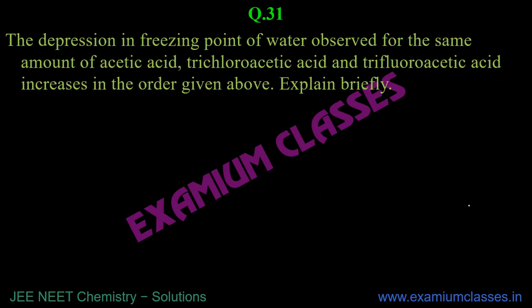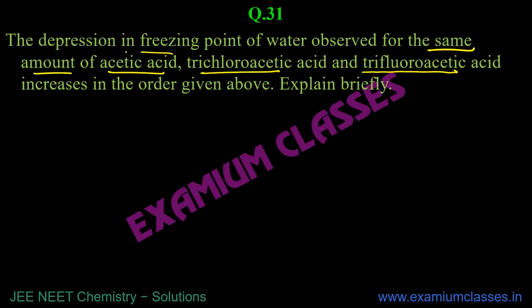Now this question is very important. The underlying concept is very important, whether it is JEE, NEET or CBSE. The depression in freezing point of water observed for the same amount of acetic acid, trichloroacetic acid, and trifluoroacetic acid, in increasing order, are as they are.